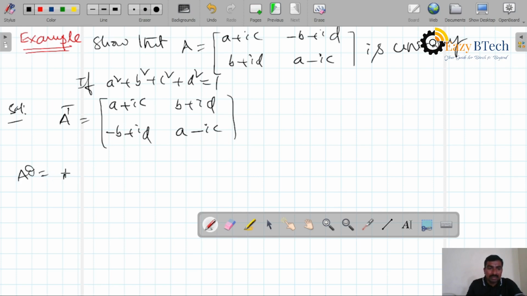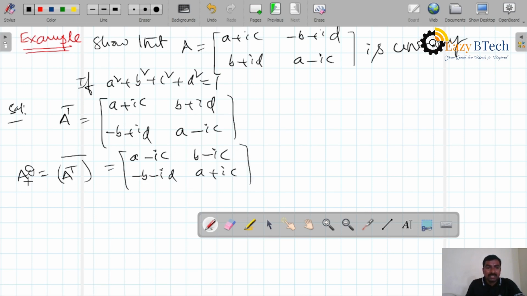A power theta means A transpose whole conjugate. So we have to replace i by minus i. Then you will get a minus ic and b minus id. Replace i by minus i. Minus b minus id and a plus ic. This is A power theta.